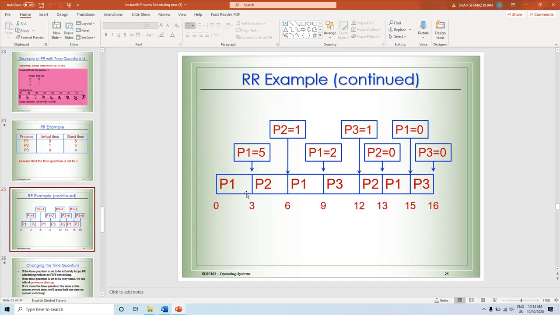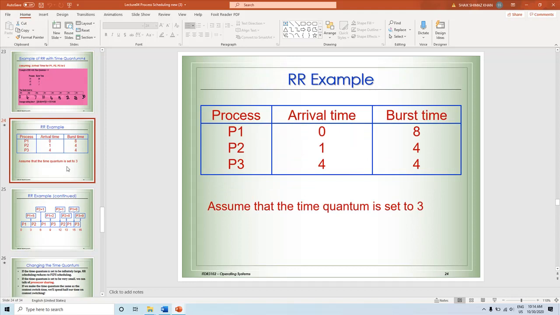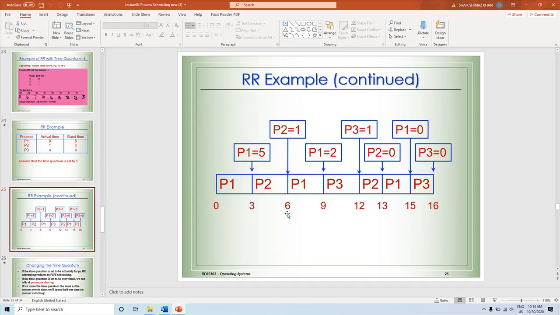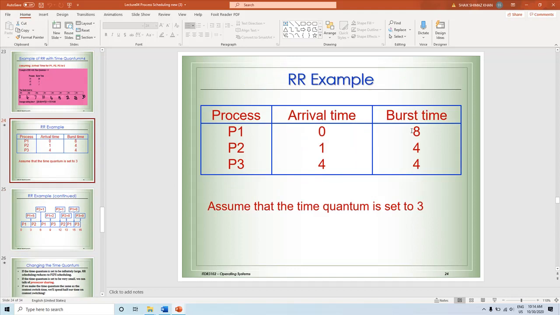So the process 1 gets the CPU first. The time quantum is 3 milliseconds. Even though its burst time is 8, it holds the CPU for 3 milliseconds.